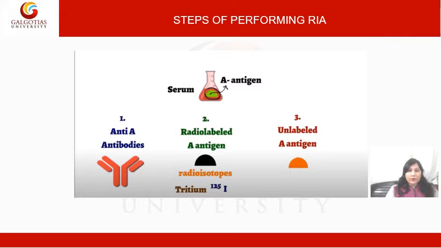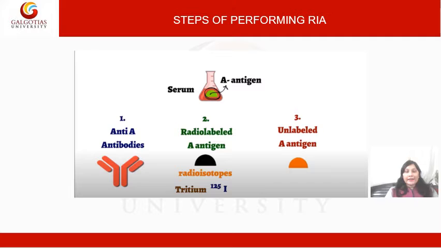First of all, we must know the requirements to perform this test. Suppose we have to find out the concentration of a type of antigen in this serum sample. The first requirement is anti-A antibodies, the monoclonal antibodies that can bind with A antigen to form visible precipitate.